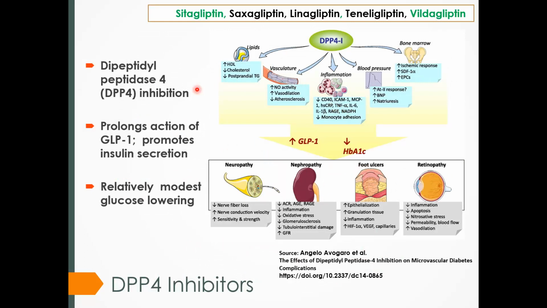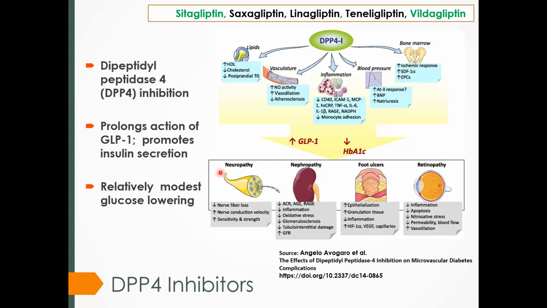So you can see in this slide how DPP4 inhibitors not only increase the insulin level and decrease the glucose level, but also have multiple neuroprotective, nephroprotective and other vasculoprotective actions.